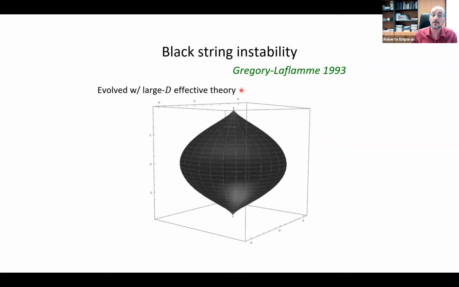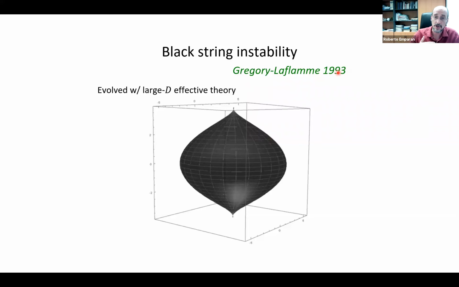Okay, so we reproduce a problem of higher dimensional general relativity that's not easy to solve: the nonlinear evolution of the black string instability. This is something that took many years to solve. Gregory and Laflamme solved the linearized instability.